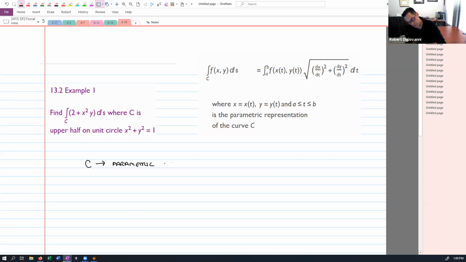In other words, we want to figure out x needs to be some function of t, and we need y to be some function of t. And we're trying to draw the top half of the unit circle.